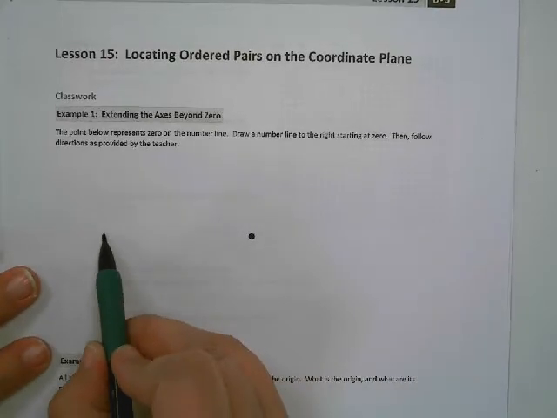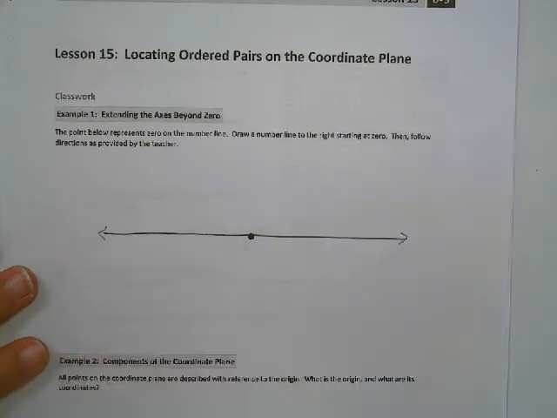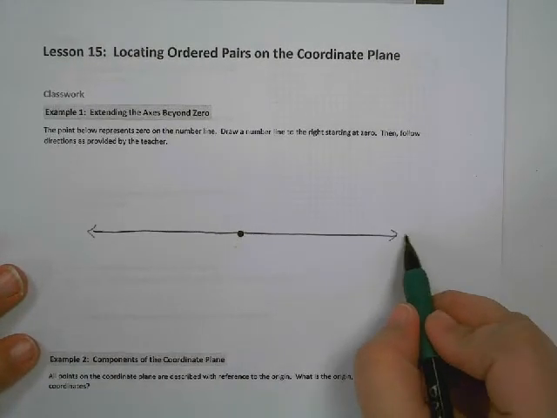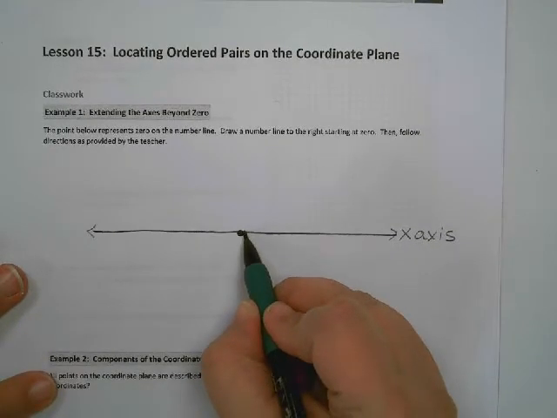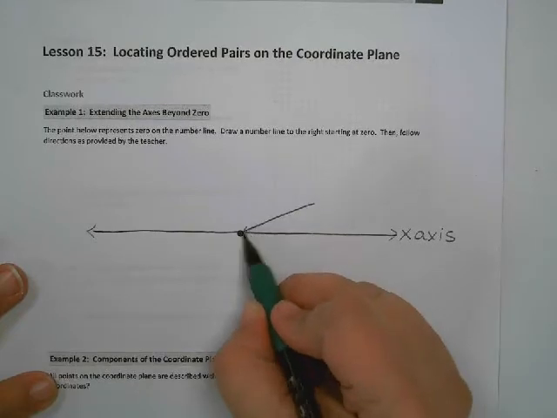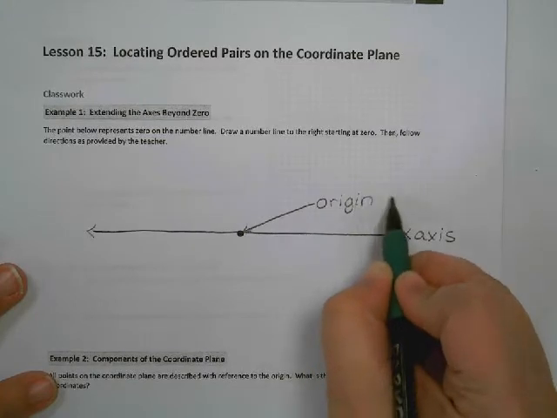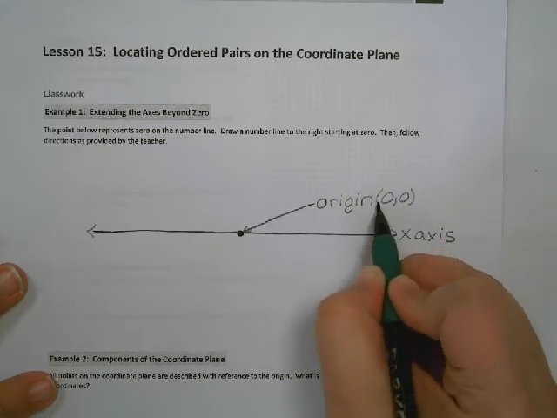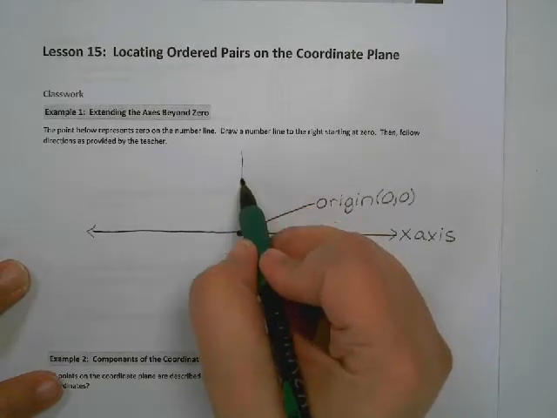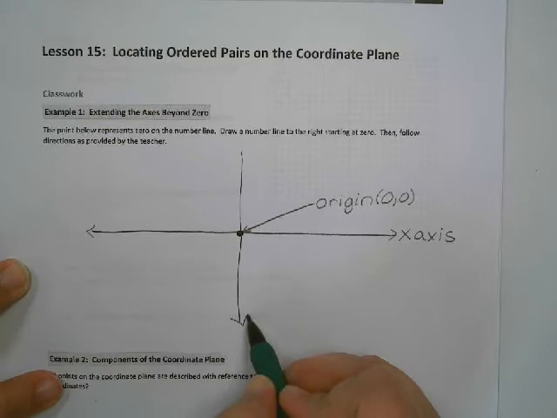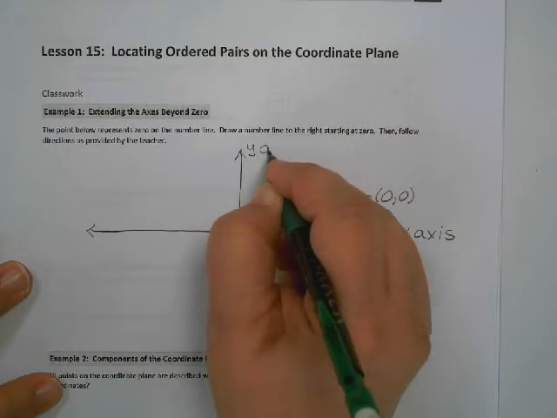So the first thing I want you to do is draw a horizontal number line through that point, and label it the x-axis. We are going to label that middle as the origin. Remember, the origin is 0, 0. That's the coordinates of the origin. Next, I want you to make a vertical number line. And remember that this is the y-axis.